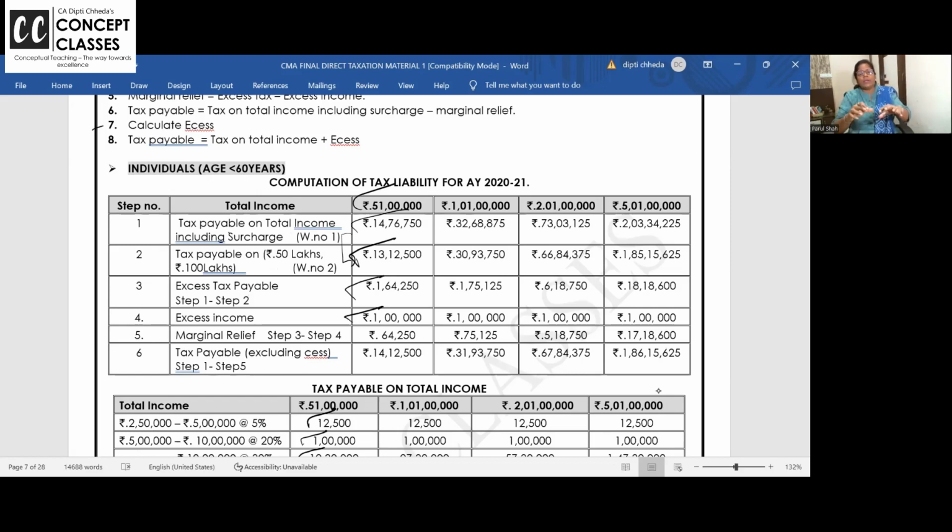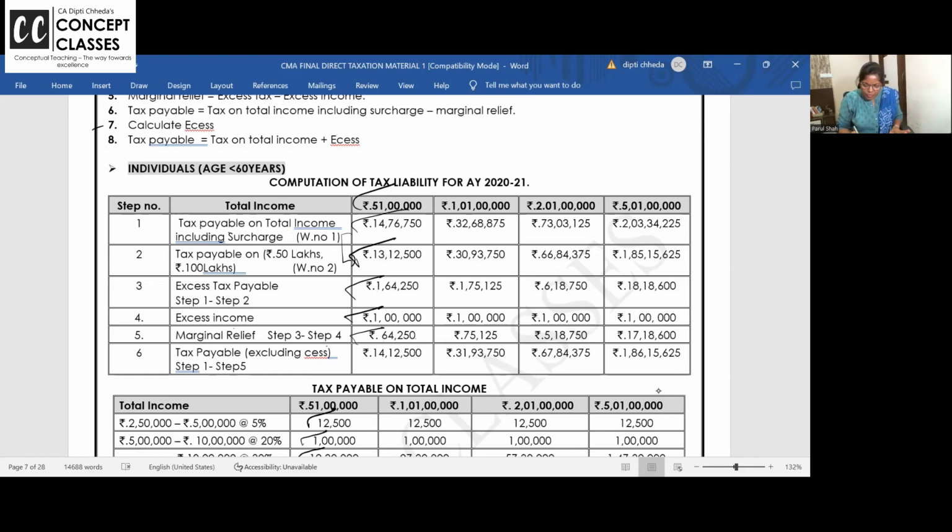Can I say to the government, okay, whatever I have earned, 1 lakh, keep it all as tax, but I am not going to pay 1,64,250 tax. So I am asking for a relief of 64,250. Excess tax minus excess income. This 64,250 is the relief. I want a relief of 64,250.